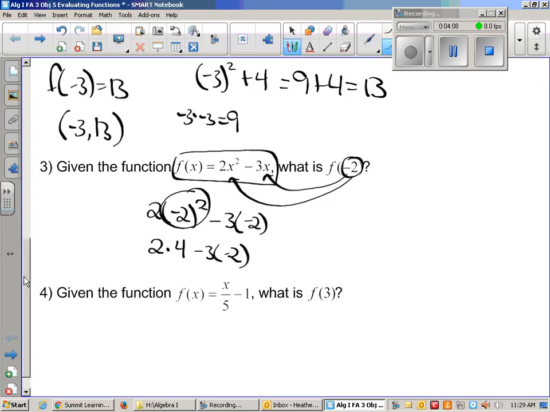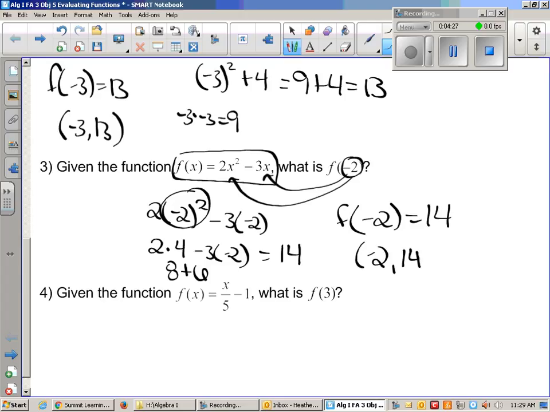Now I'm going to do my multiplication. 2 times 4 is 8. Negative 3 times negative 2 is positive 6. So 8 plus 6 is 14. Or f of negative 2 equals 14. And I would see the point (negative 2, 14) on the graph. Negative 2 is my x, 14 is my y.